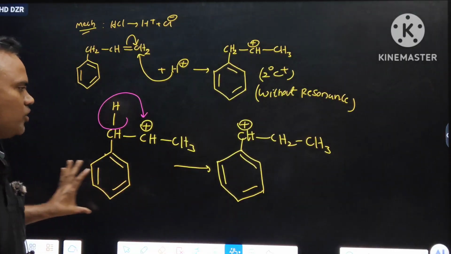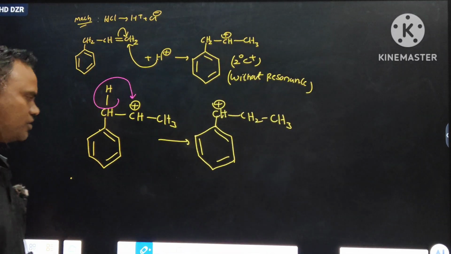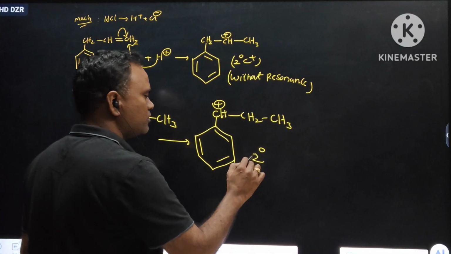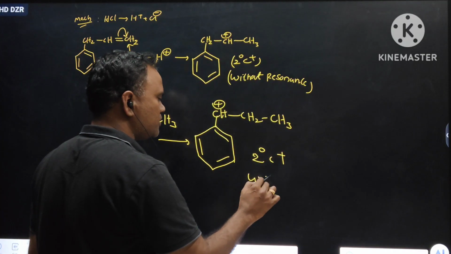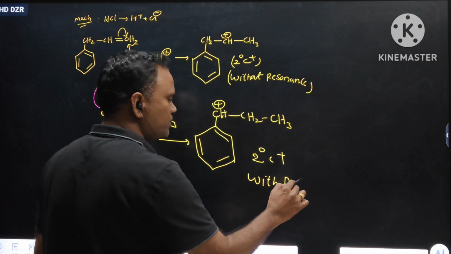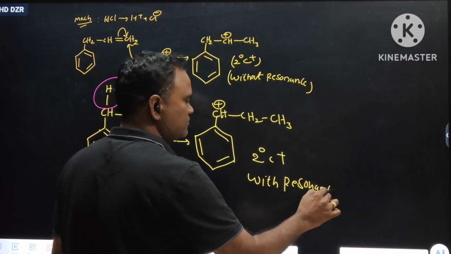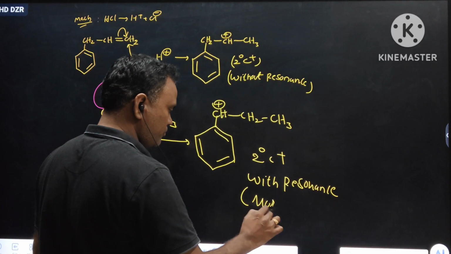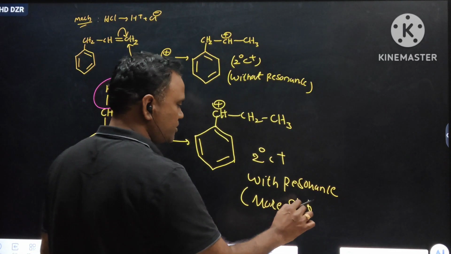This is a 2 degree carbocation with resonance, benzene ring resonance. It is more stable because the resonance effect is present.